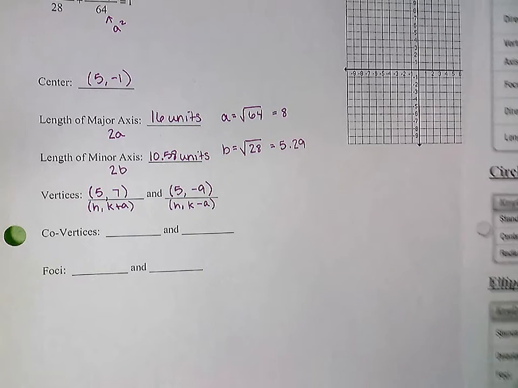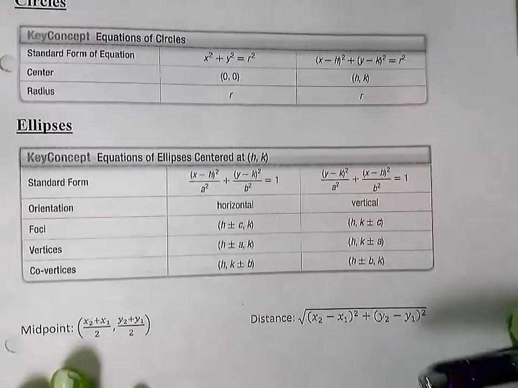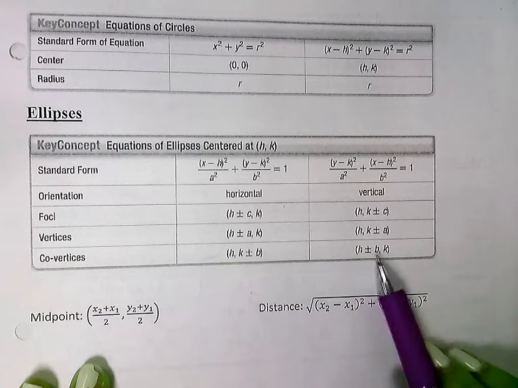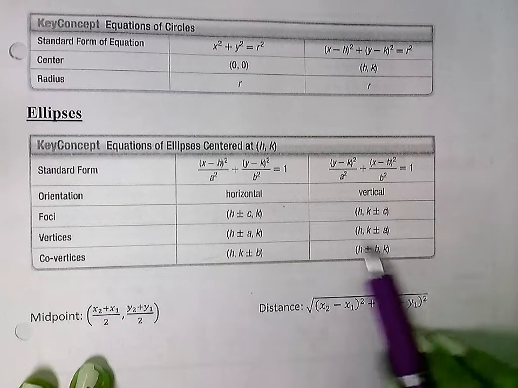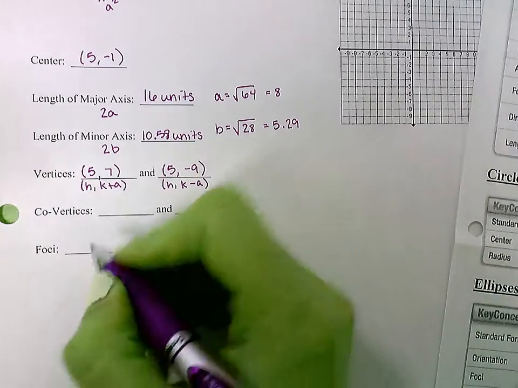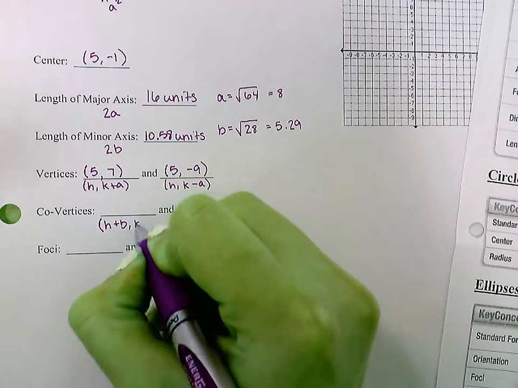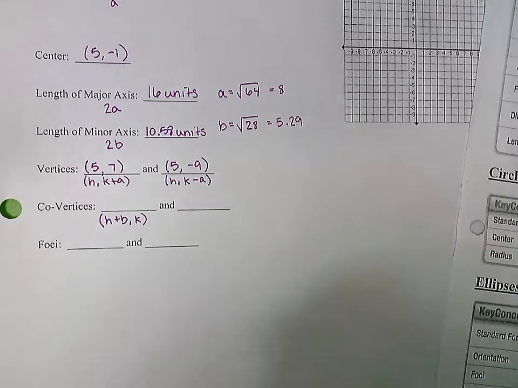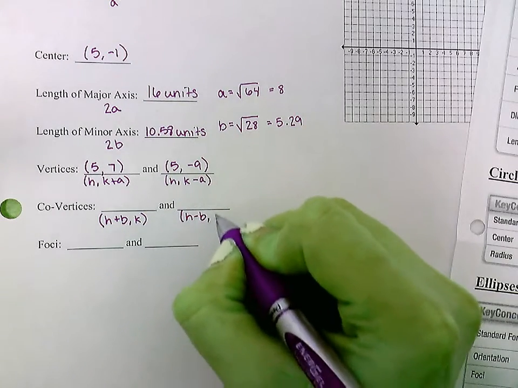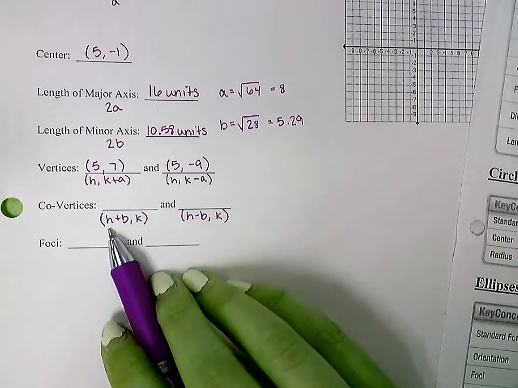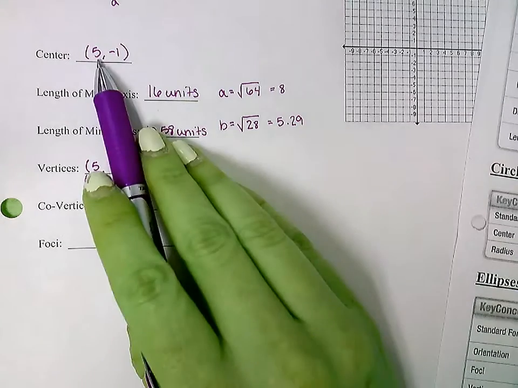We're going to do the same process with the co-vertices. My ellipse is vertical, so this is my formula I'm using to find those. I can write that underneath here. We'll have h plus b, and we'll have h minus b. So for this one, I need my h value, that's 5.